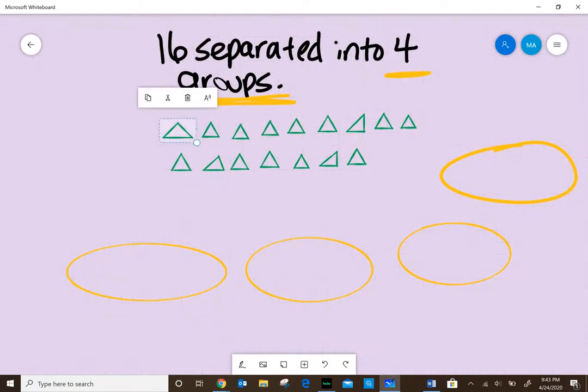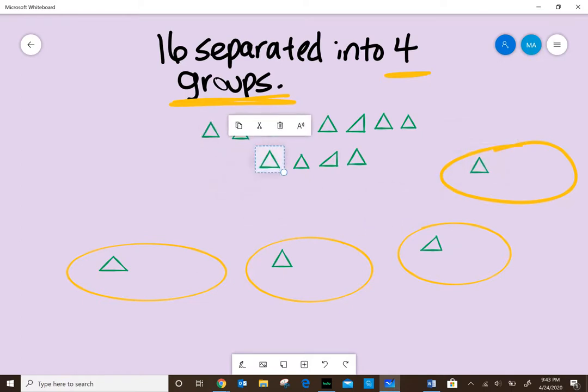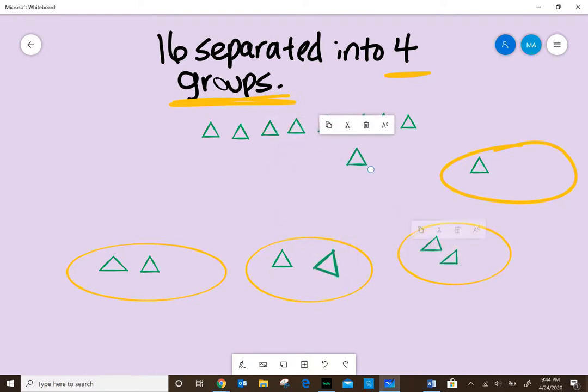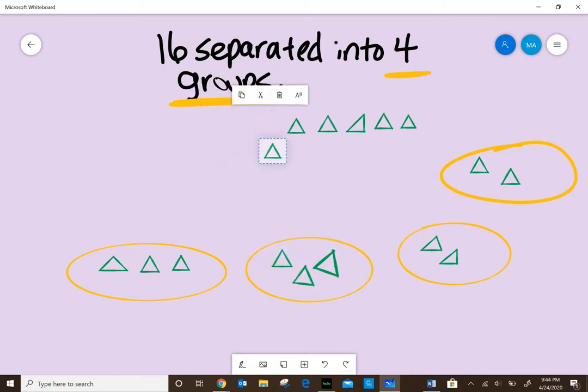So start separating them. 1, 2, and it doesn't have to be triangles. It could be whatever you want to draw into your groups. Miss Montevalles just picked triangles. You can pick hearts. You can pick whatever you want to put into your groups. So I'm just sharing all of my triangles into each group.